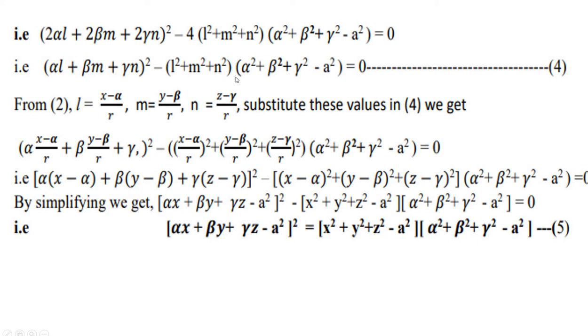Now from the equation x minus alpha by r equal to l, we replace l, because l, m, n are what we assumed, whereas alpha, beta, gamma are given to us. So l should be replaced. When you replace this, what you get, on simplification, the r square when you take as LCM will go off. So this is what remains, this the whole square taking LCM.